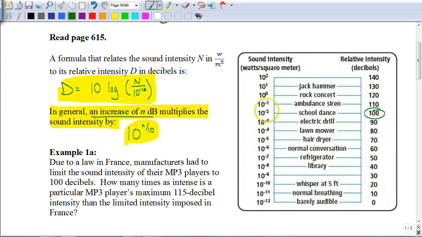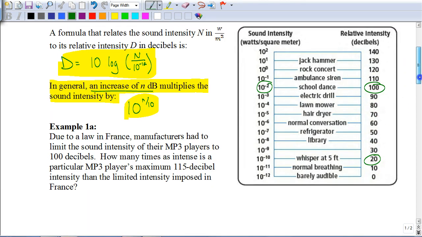But that sound intensity in watts per square meter would be equivalent to 10 to the negative second power. Or an electric drill or a lawnmower. Electric drill would be at 90 decibels or 10 to the negative third power as watts per square meter. A whisper at 5 feet is 20 decibels. So this gives us a scale as far as measuring how loud or how intense sound is.